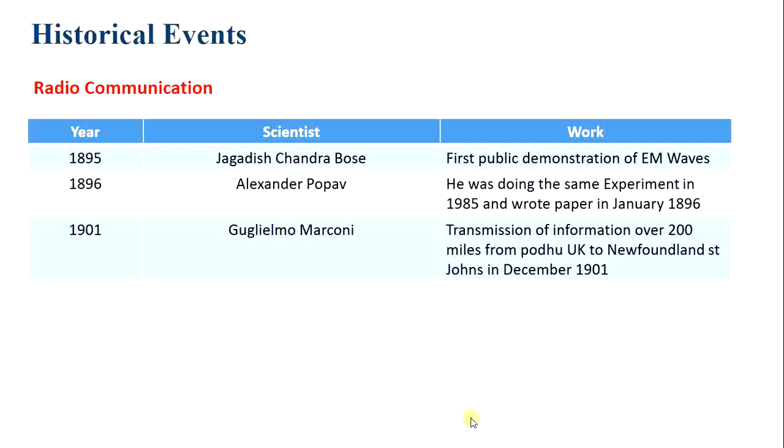He was also doing the same experiment in 1895, and he wrote a new paper on this similar topic in January 1896. Then Marconi first did the transmission of information over 200 miles from Poldhu in UK to St. John's, Newfoundland, in December 1901.